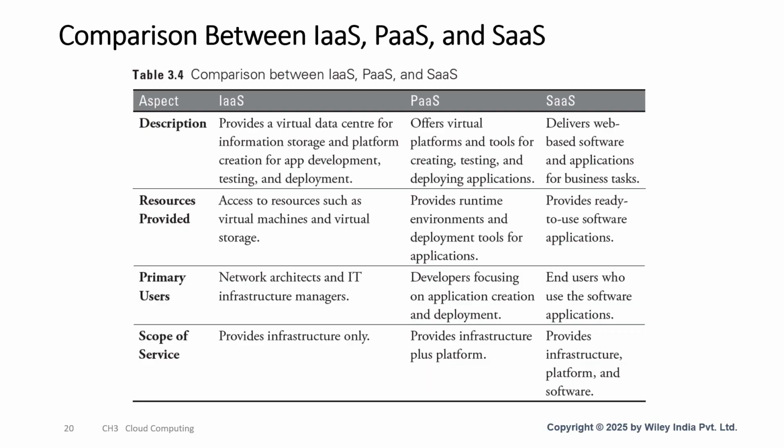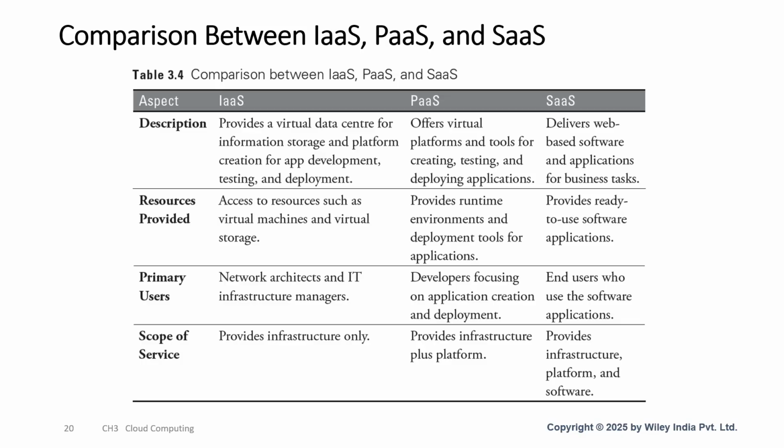IaaS gives access to resources such as virtual machines and virtual storage. PaaS provides runtime environments and deployment tools, whereas SaaS provides ready-to-use software applications.